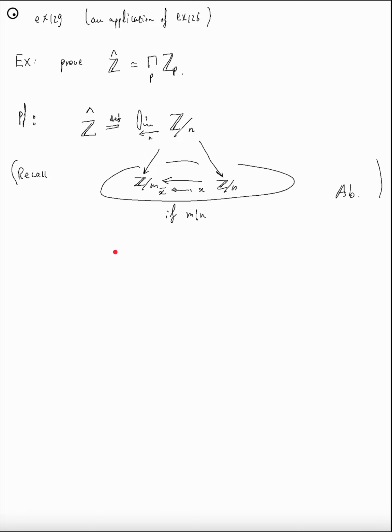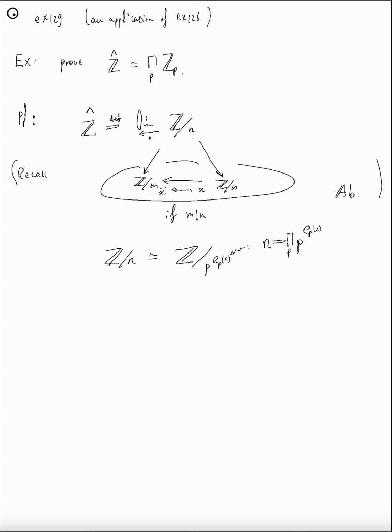And then by the Chinese remainder theorem, this can be further written as Z mod some p power. Let me use a very clever notation: e_p(n), so there are two indices p and n. e_p(n) is defined as the integer power of p in the unique factorization of n into p powers.